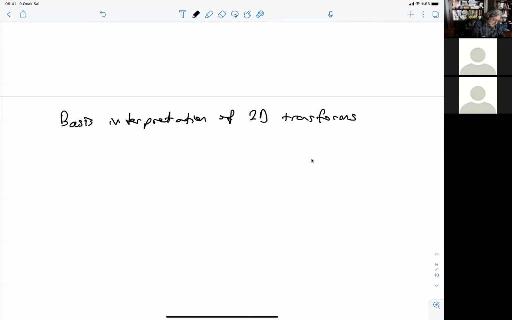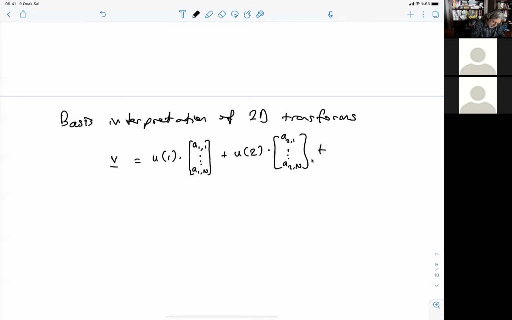What do we mean by that? The basis interpretation was like this. We have a V vector equal to U1 times the first column of A, A1,1 up to A1n, plus U2 times A21 up to A2n, plus etc., all the way up to UN times AN1 up to ANN.